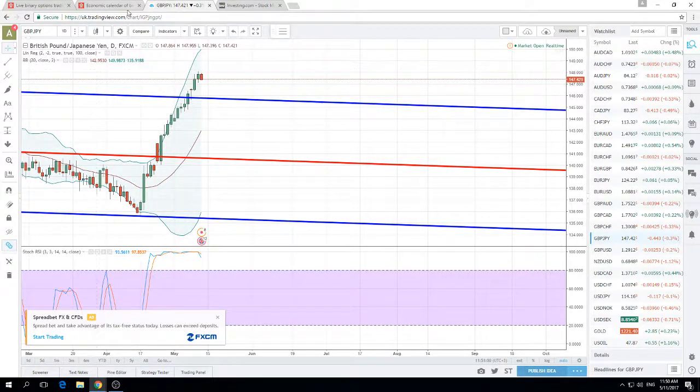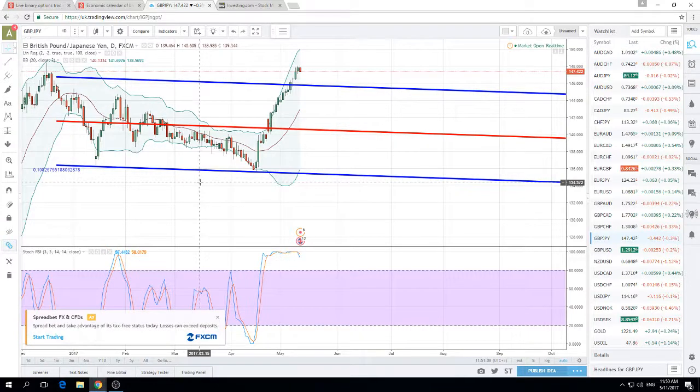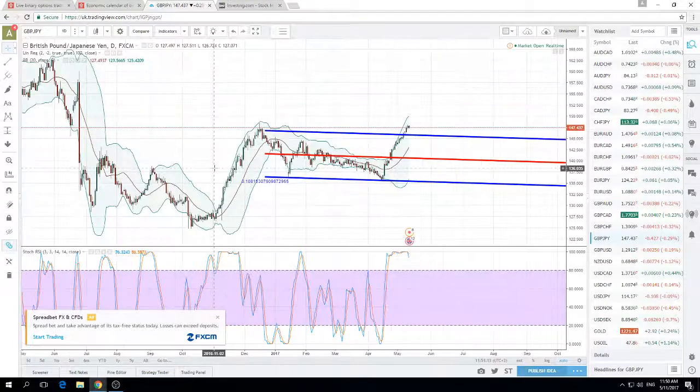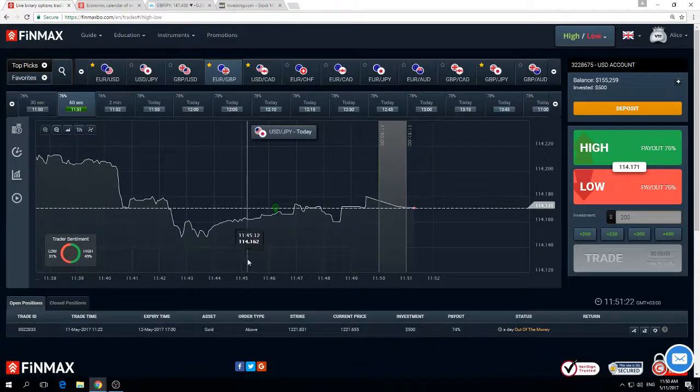Well, judging from what I see here, there is pretty strong probability that the British asset will change the direction at least for a while.